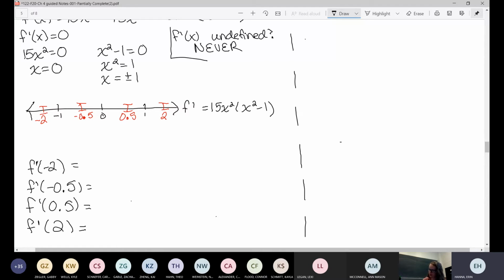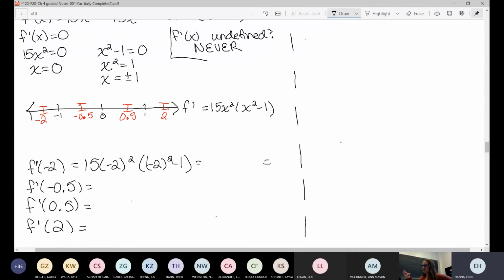So we've got to take all of these and plug them into our derivative. So 15 times -2 squared, times -2 squared minus 1. Well, you get the point. Can I not write them all out because I'm lazy? I want to talk about the sign thing really quick in case people like that way, and then I'll write out the actual number if people don't like the sign way. Since we don't need to know the actual number, sometimes you can just talk yourself through what the sign is going to be.